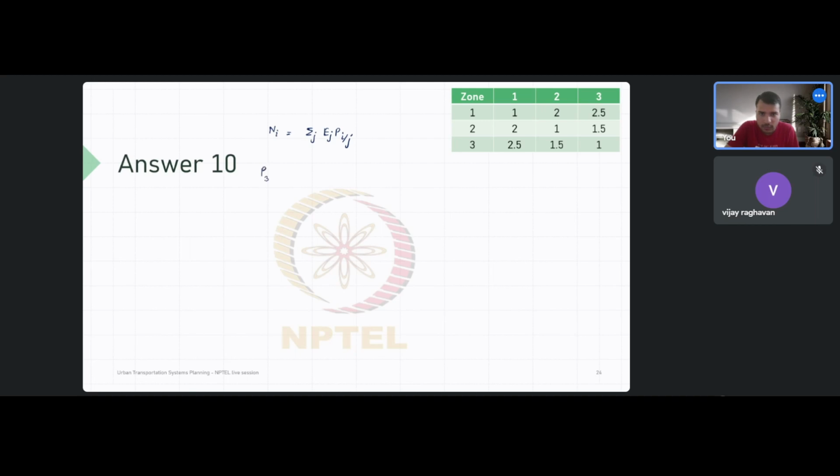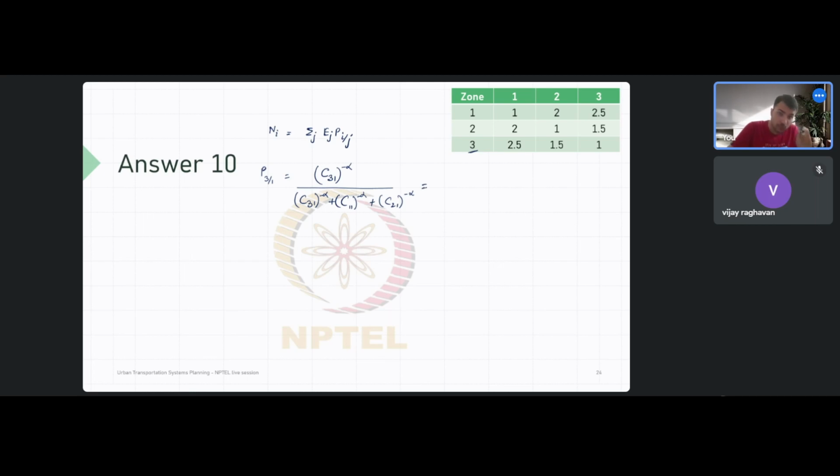We have to find P31. First we take 3, then we go from zone 3 to zone 1. So it will be C31 power minus alpha, divided by C31 minus alpha plus C11 minus alpha. From all zones 1, 2, 3, everyone can go to zone 1, so plus C21 power minus alpha.